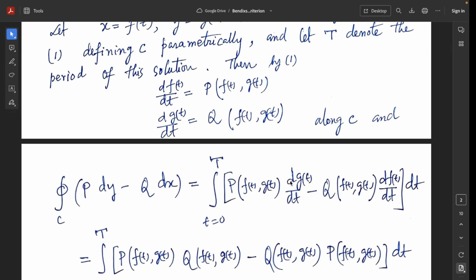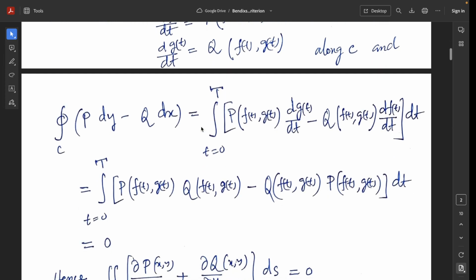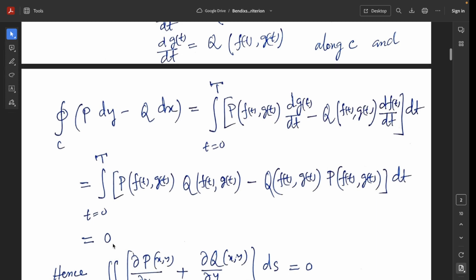So dg/dt equals q, put here q, and df/dt equal to p. So pq minus qp into dt, obviously this equals 0. Hence, this closed integral over C equals 0.